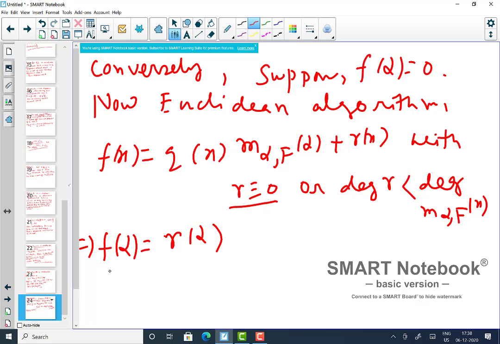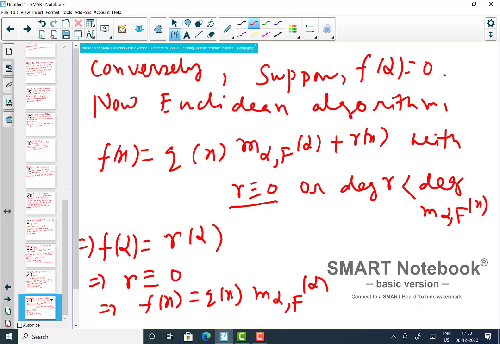So what does that mean? This implies r is identically 0, and this implies f(x) is q(x) times that minimal polynomial, this m_alpha(x), okay.